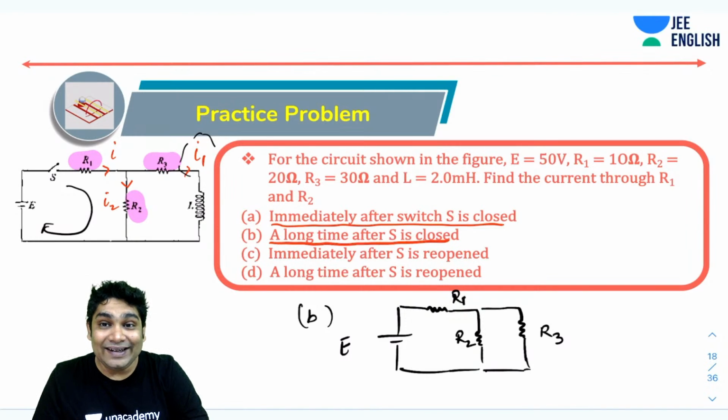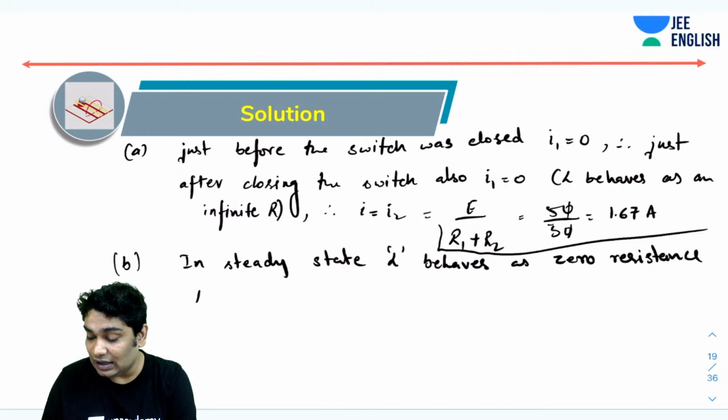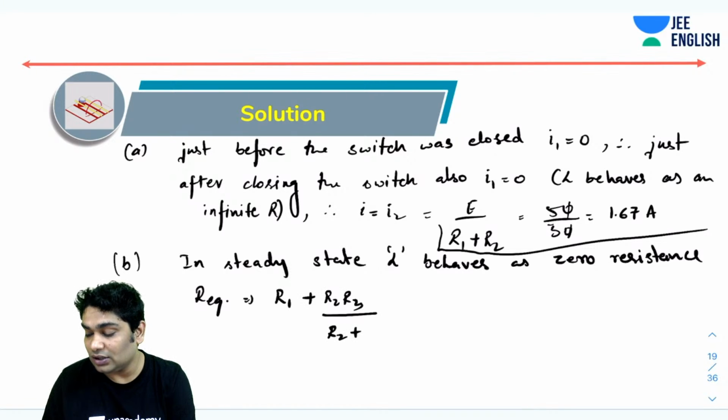So now we can easily see what is the total resistance of the circuit. The R equivalent of the circuit would be R1 plus R2 R3 over R2 plus R3. Let's start writing the value.